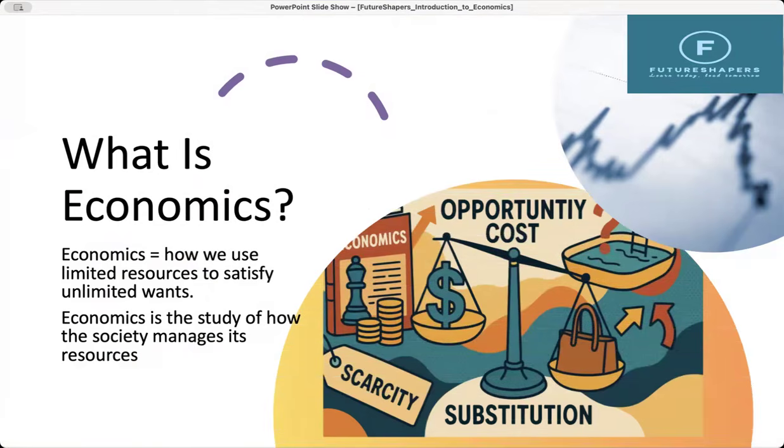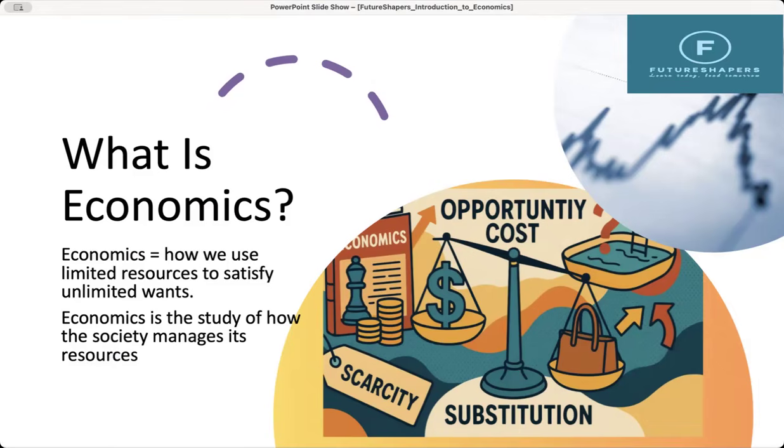What is economics? In simple terms, economics is the study of how people make decisions when faced with limited resources. So, economics is all about choices. Every day, we decide how to use our limited money, how to use our time, and how to use our energy.